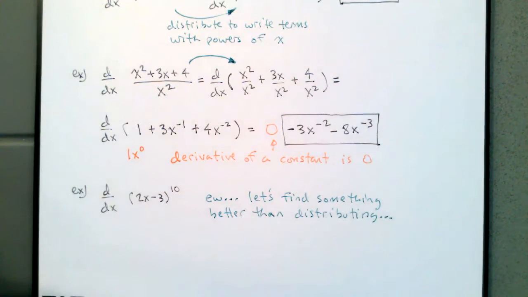We're going to want to find a better solution than distributing, because I don't want to multiply 2x minus 3 to the 10th power. We could, but we don't want to.